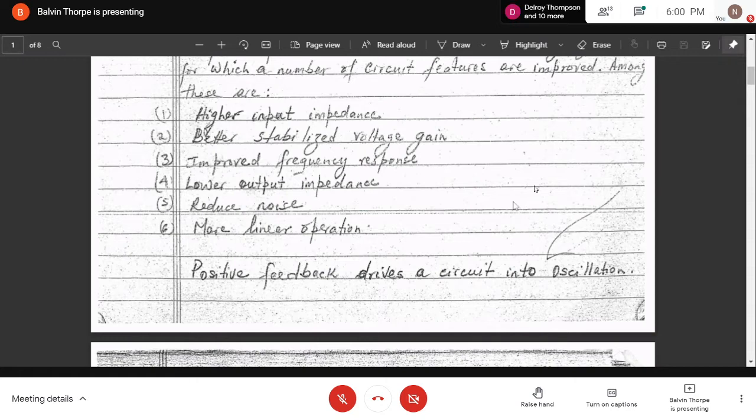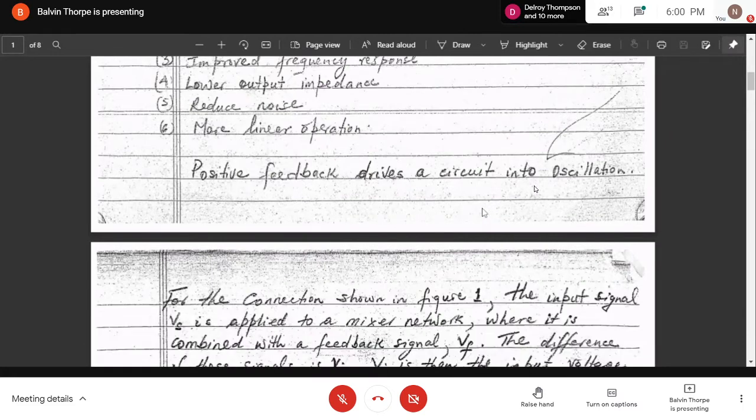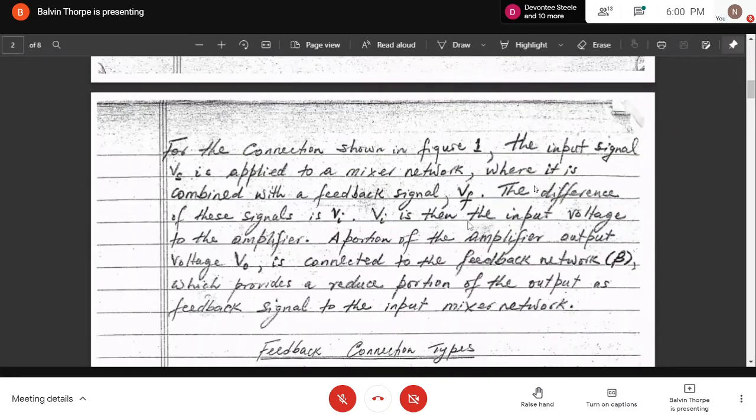I mentioned already that positive feedback drives a circuit into oscillation, and pretty much that's the only reason you want to use positive feedback, especially with amplifiers. So from here on, unless we're looking at oscillation, we'll be thinking that we're talking about negative feedback. Am I clear?